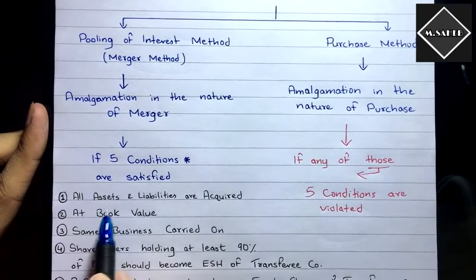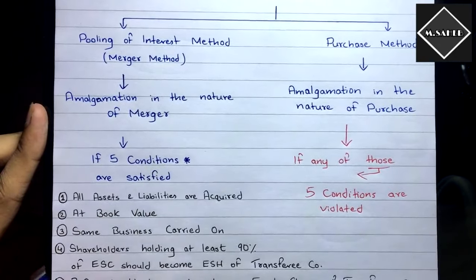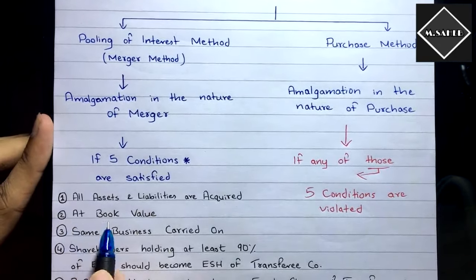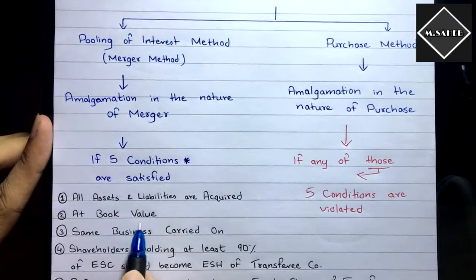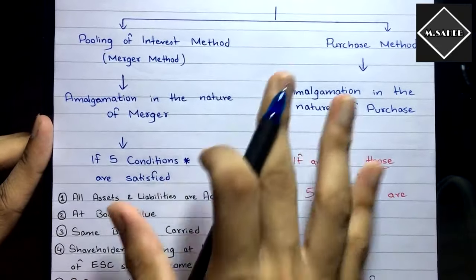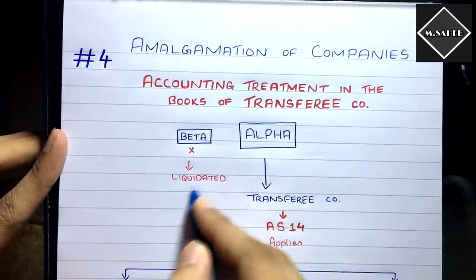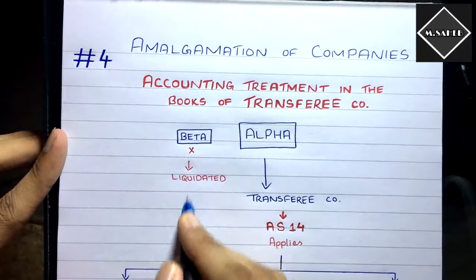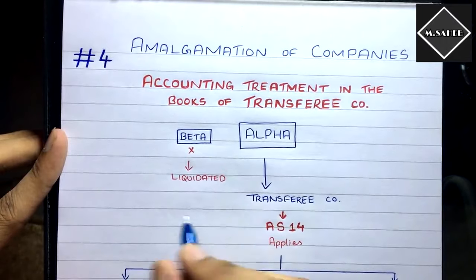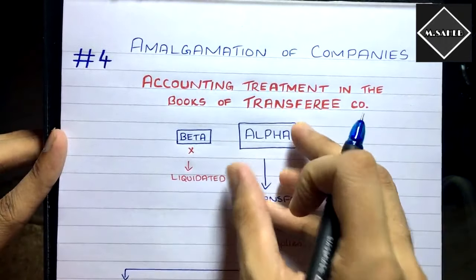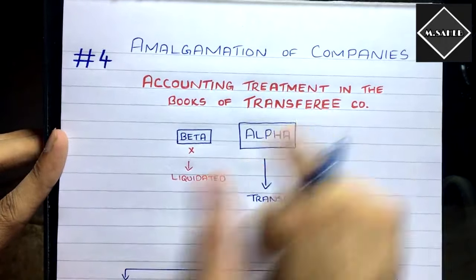Okay, that's the first condition. Everything should be taken over, all assets, all liabilities. And then the second condition is everything should be taken over at the book value. Book value means the value at which the assets and liabilities are there in the Beta Company's balance sheet. Whatever value is there in the balance sheet, at those values only Alpha Company has to take over all the assets.